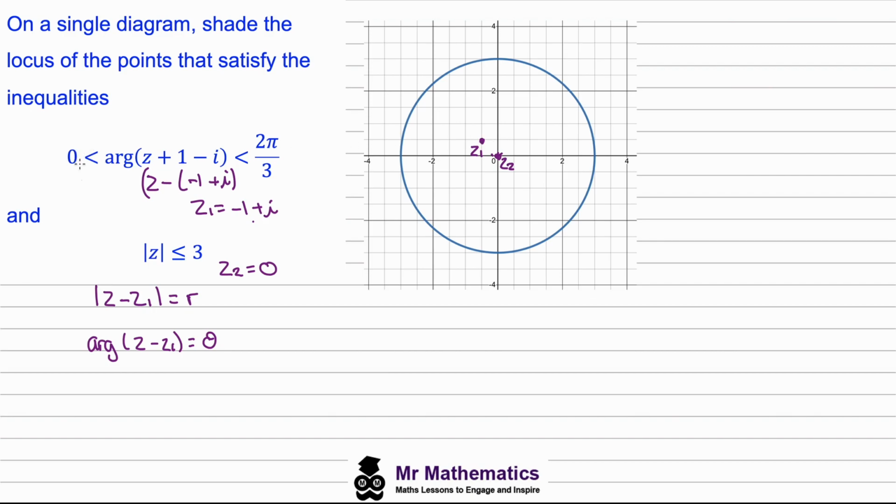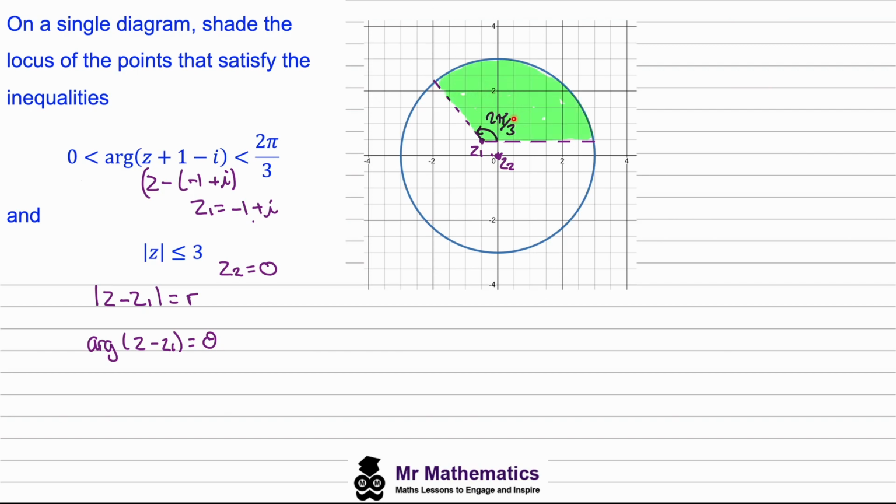So this 0 degrees will be parallel to the real axis, but it can't be equal to 0 degrees, so it's shown with a dashed line. The maximum the argument can be is 2 pi over 3. So we can show that as approximately here, again with a dashed line because it can't be equal to it. So this angle will be 2 pi over 3 radians.